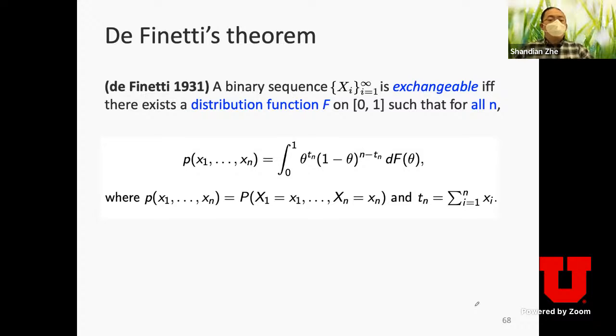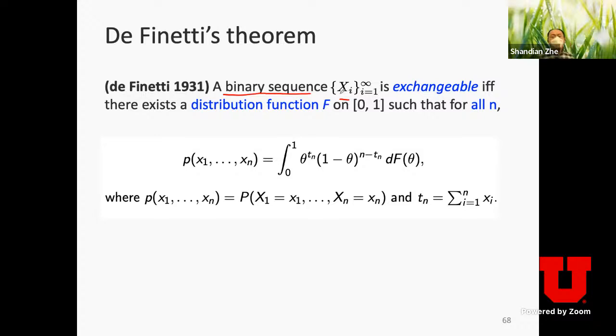So what's the theorem? Suppose we have an infinite binary sequence, meaning that each xi is a binary variable, and this sequence is exchangeable. We know the definition of an exchangeable infinite sequence just means any finite subset of this sequence is exchangeable.